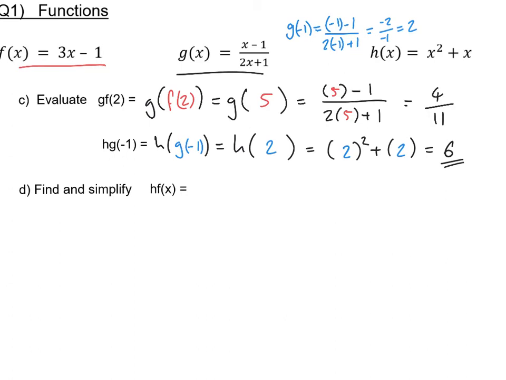Now, if we're asked to do the same thing with f of x, it's the same principle. We're changing f of x into what f of x is. Now, f of x is written at the top of your screen, and that tells us in the brackets we're replacing it with 3x minus 1.